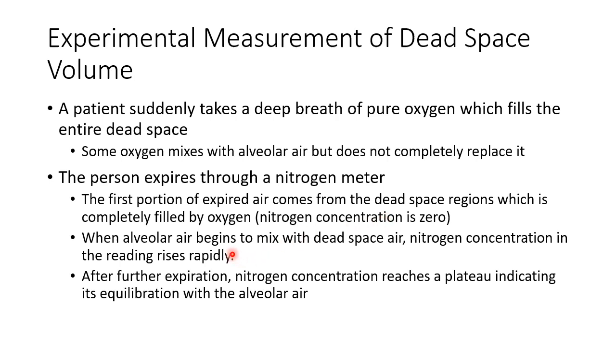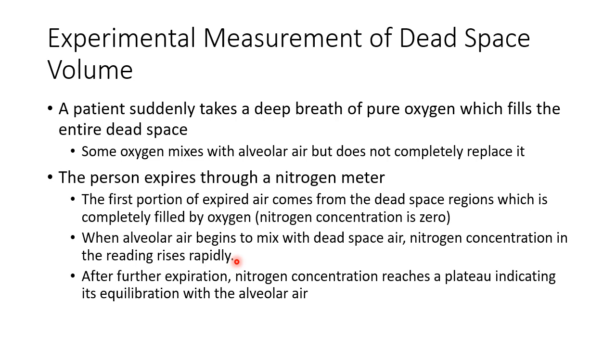When the alveolar air begins to mix with the expired dead space air, the nitrogen concentration in the reading rises rapidly. Why? Because the air that is in the alveolus is not completely replaced by oxygen, so it contains nitrogen.